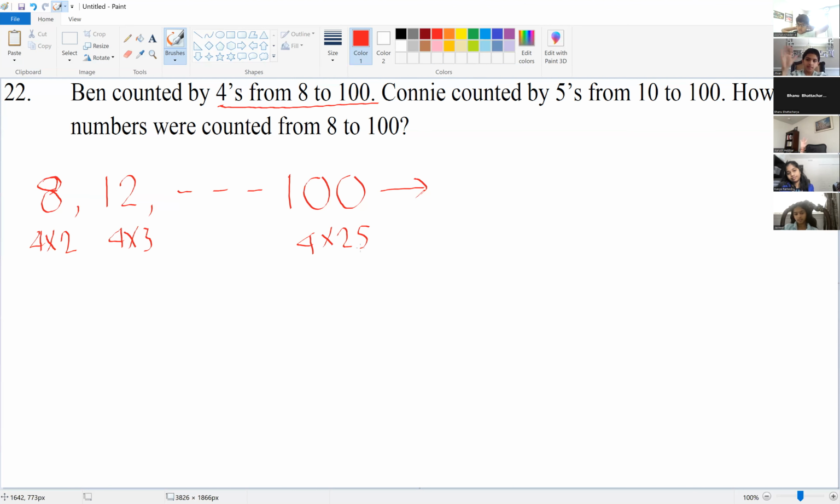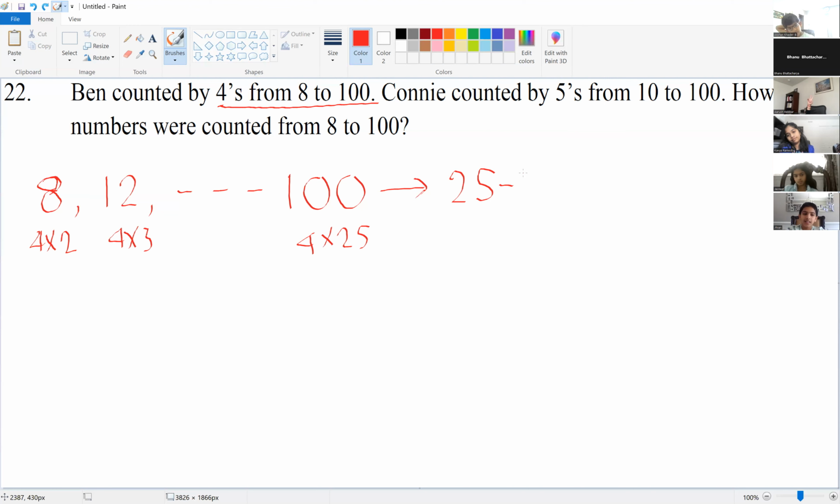22. 22 or 23? It's 23. 23 or 24? It's because 4 times 25 is 100, and since it's starting at 8, you subtract 2 from the multiples, right?